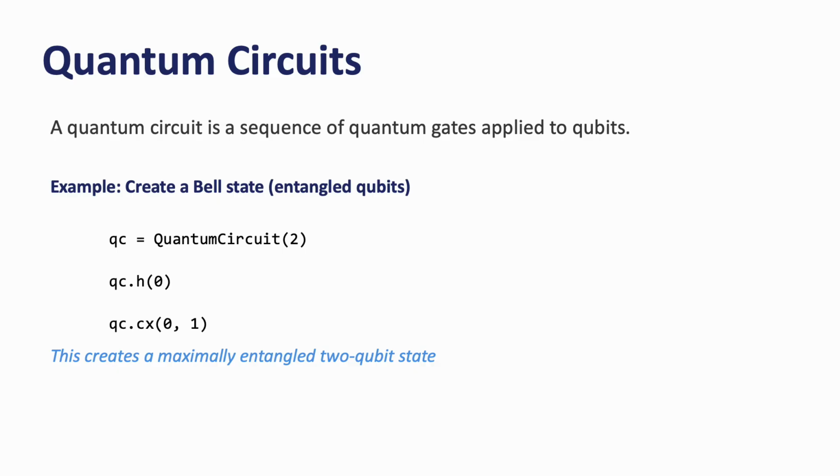If you measure the first qubit and get 0, you are guaranteed to get 0 when you measure the second qubit. If you get 1 on the first qubit, you will get 1 on the second. This correlation exists even though the qubits might be far apart. Bell states are not just theoretical curiosities. They are fundamental to quantum computing and quantum cryptography.